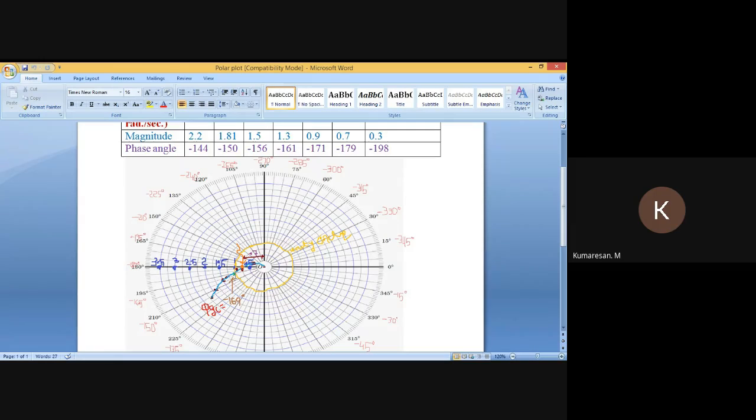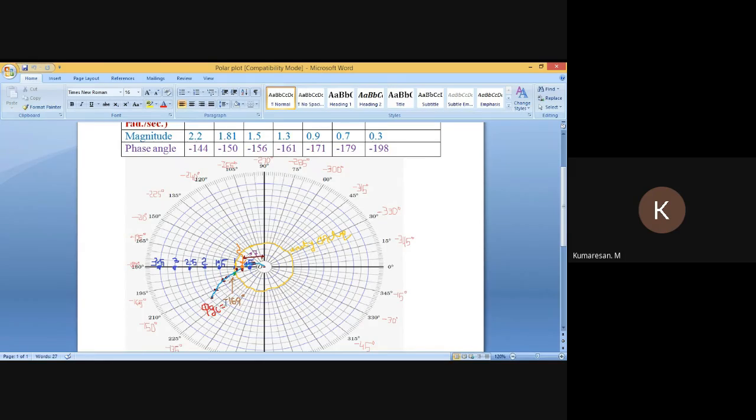Whatever it may be, start from 0.5 or 0.3 or 0.2, definitely it will cross 1 and above. And the one circle you have to mention using any color pencil. You have to draw the circle, and the point where that circle cuts the polar plot, the corresponding frequency is nothing but the gain crossover frequency.